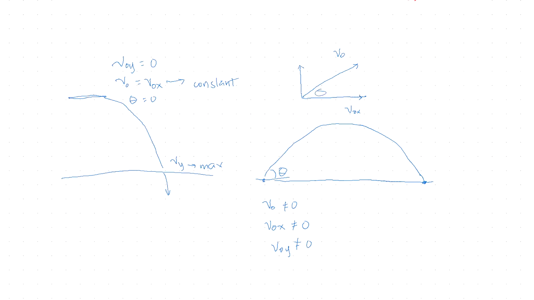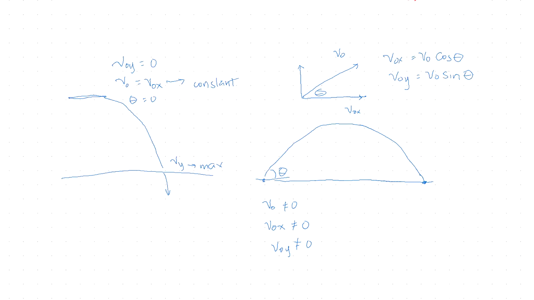So kung nandito yung angle, so you can use Vox is equals to the initial velocity cosine theta. Then the velocity on the y is the initial velocity sine theta. Kapag nandito yung angle, but you need to remember that it depends upon the angle, okay?